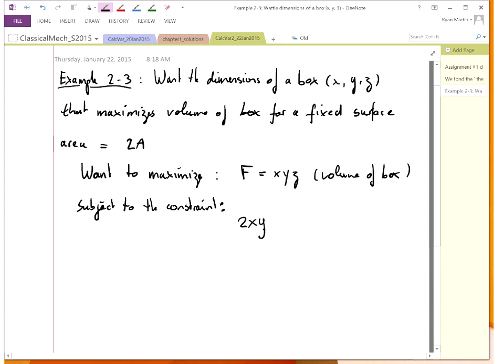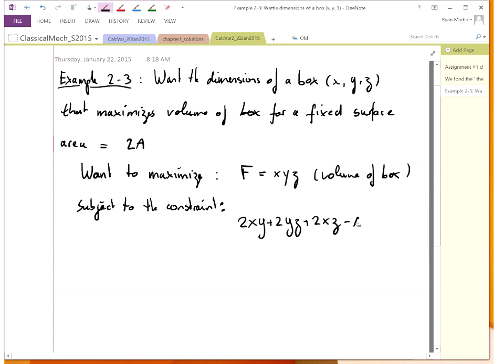So the area of the box will be 2xy plus 2yz plus 2xz, right? Each face, there's an xy face, a yz face, and an xz face, and there's 2 of each face. And so that area has to be constrained to be equal to 2A.